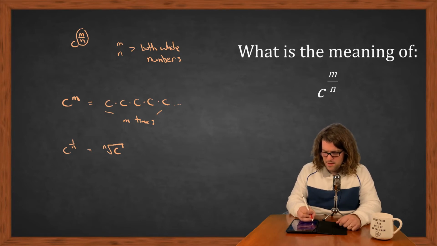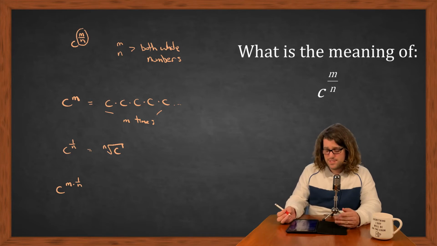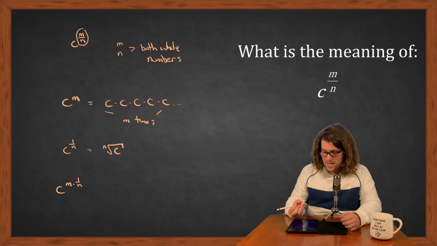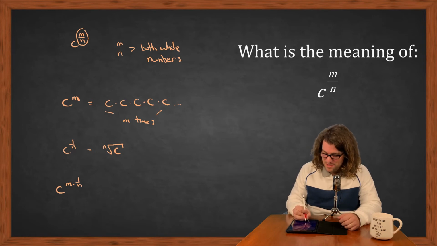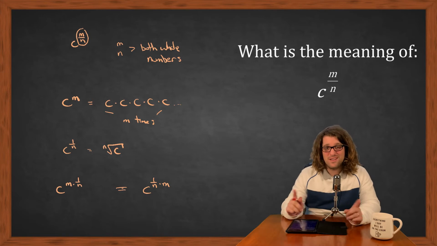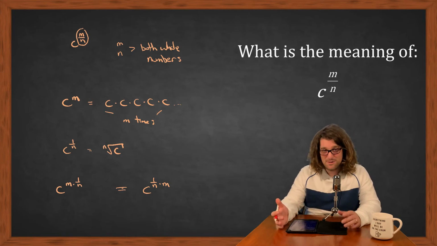So m over n as a fraction could be rewritten, if we wanted to, as m times 1 over n. I'm going to regret picking m and n, even though it's pretty typical. I can't say them clearly. Or it would be the same thing as 1 over n times m. Now, of course, those are the same thing, just writing the two things that we're multiplying forwards and backwards.